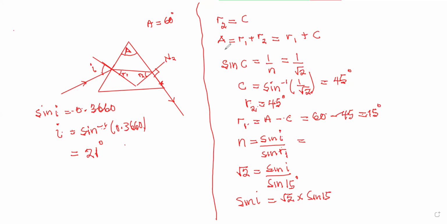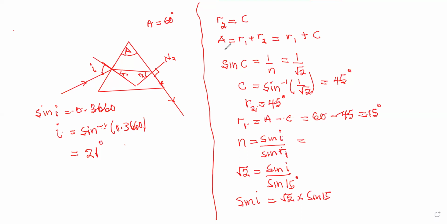So from this question, are you saying that total internal reflection can occur when the angle of incidence is greater than the critical angle? Exactly.